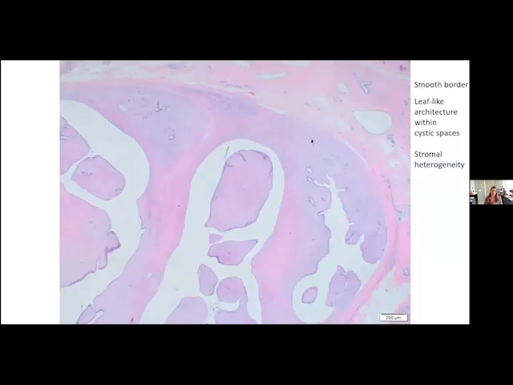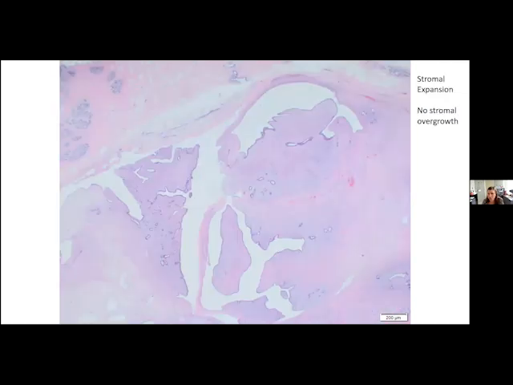So this is what her lesion looked like. As you can see, it was relatively well circumscribed, mostly. It had these large leaf-like structures within dilated cystic spaces. And you can see, even just on this low power, that the stroma was quite heterogeneous in terms of cellularity, ranging from mild to moderate to high cellularity.